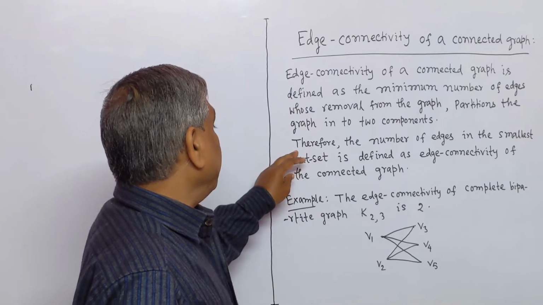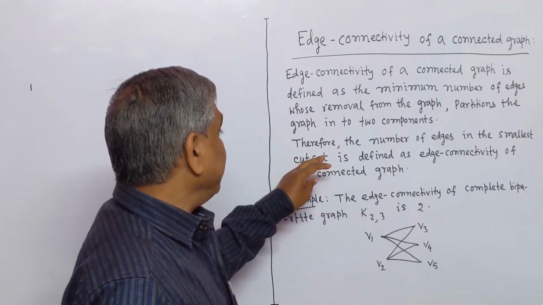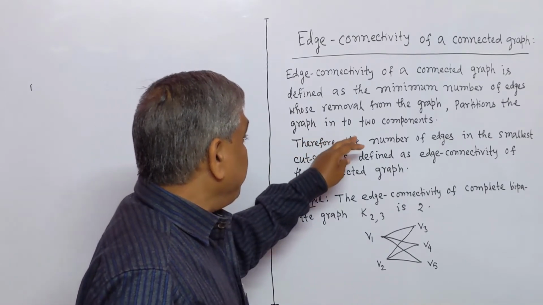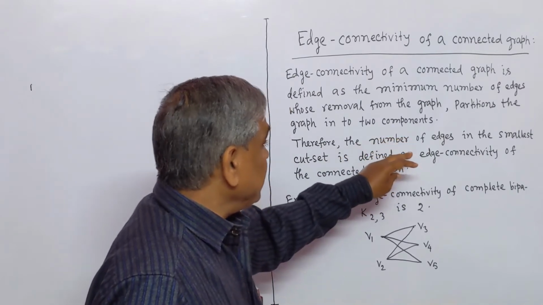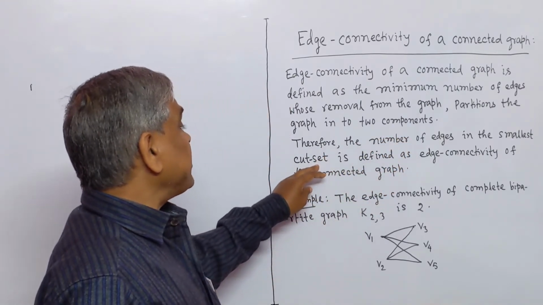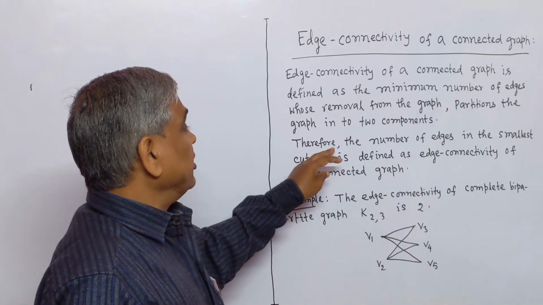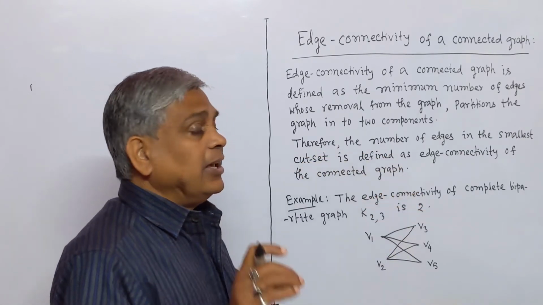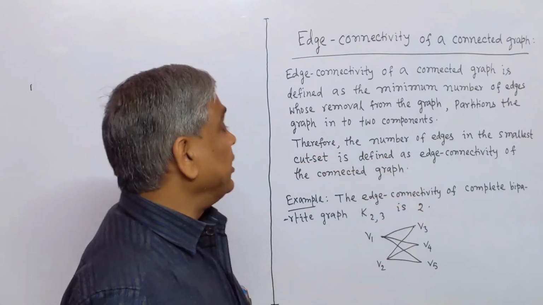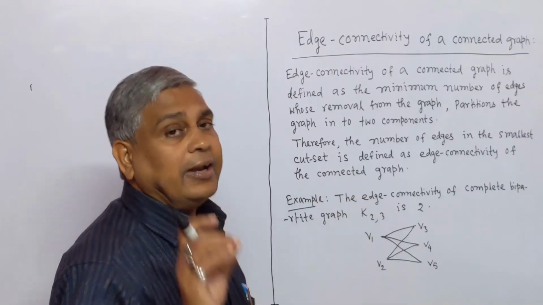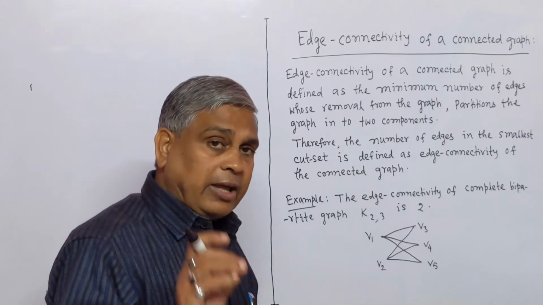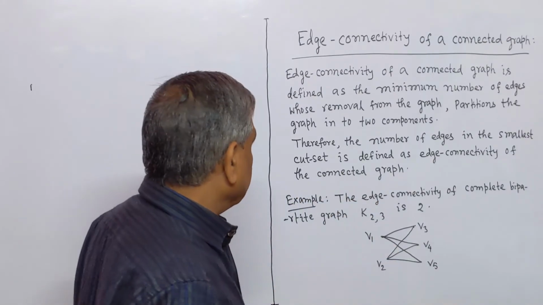In other words, we may define this: the number of edges in the smallest cut set is defined as edge connectivity of the connected graph. Here we give an example.